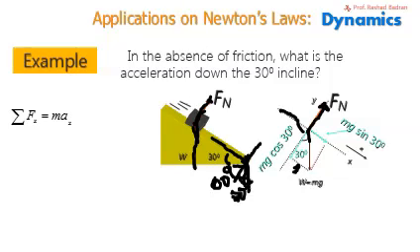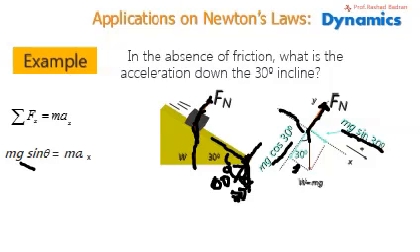Now, what are the forces acting along the x-axis? As you can see here in the diagram, the weight here, mg, is decomposed into two components. One along the y-axis, that is mg cosine theta, and one along the x-axis, that's mg sine theta. So from the diagram, as there is no friction, the only force acting here in this problem on the body along the incline, or along the x-axis, is mg sine theta.